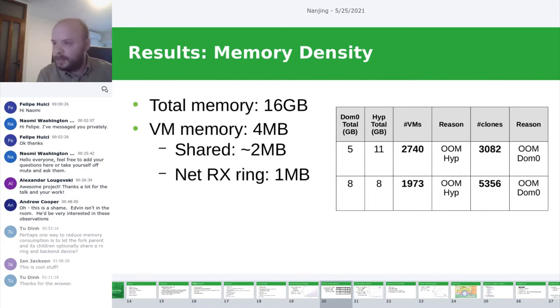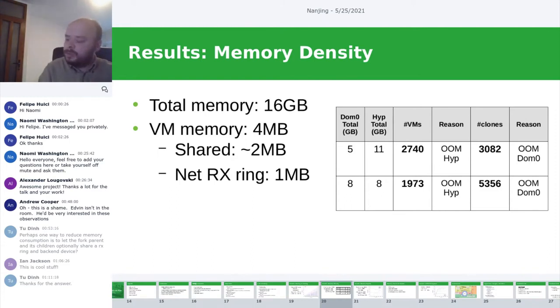For each VM we configured a total of 4 megabytes, out of which, in the case of the clones, roughly half of it was shared among all the clones, and out of the rest, 2 megabytes, 1 megabyte was used for the receive ring of the network device.